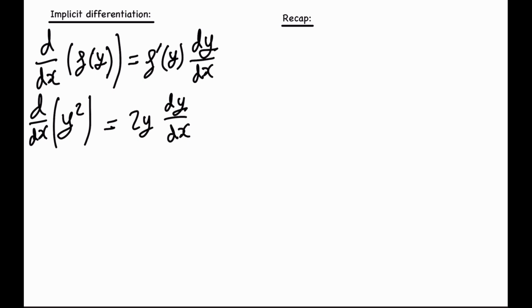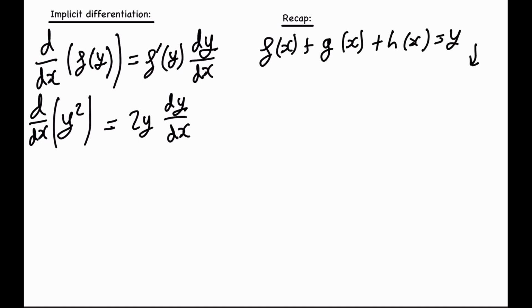So now let's quickly recap. First, if you have terms added up separately, say a function where you have terms added up like this is equal to y, and you want to differentiate it, you would differentiate each term separately.